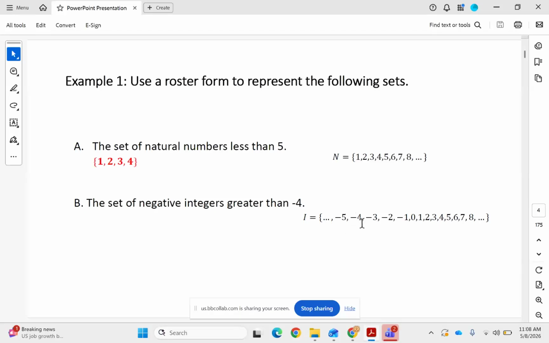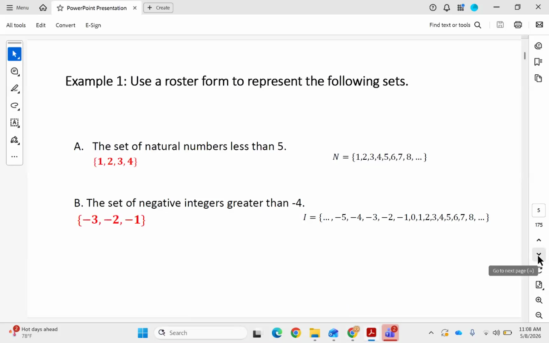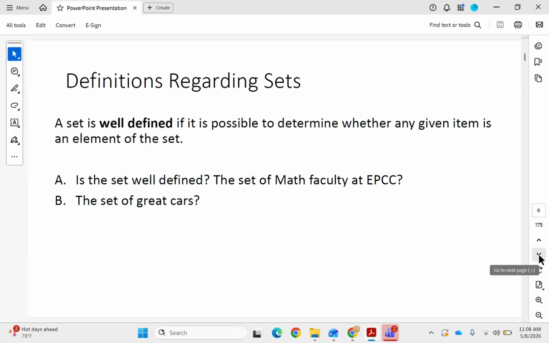So if you have -4, greater than -4 would be -3, -2, and actually we would stop there because they're supposed to be negative. Not only do they need to be integers, they also need to be negative. So our answer is -3, comma, -2, comma, -1. Okay, let's move on to the next one.